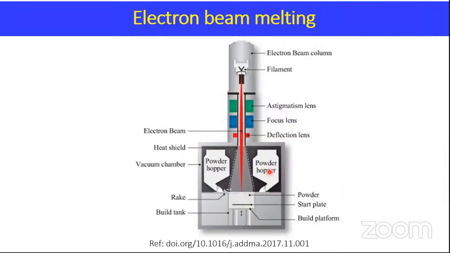In terms of cost, the electron beam melting technique is slightly higher compared to the laser, and the quality of the part is slightly better than the SLM process, due to which it finds a lot of applications in the biomedical sector.